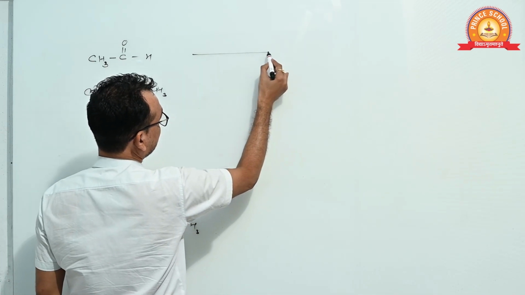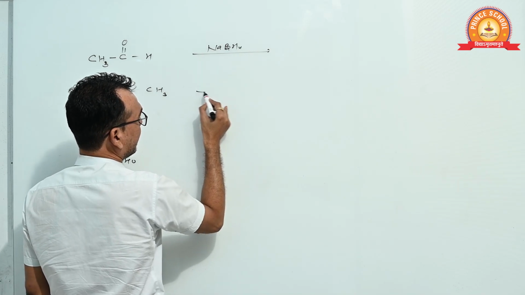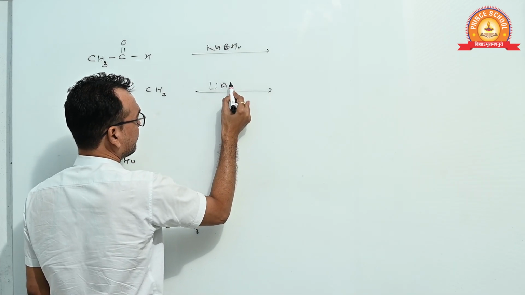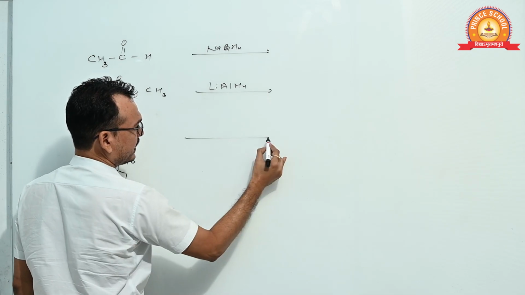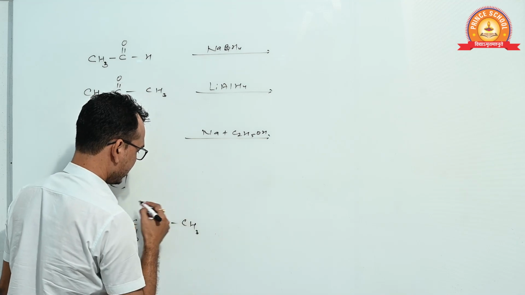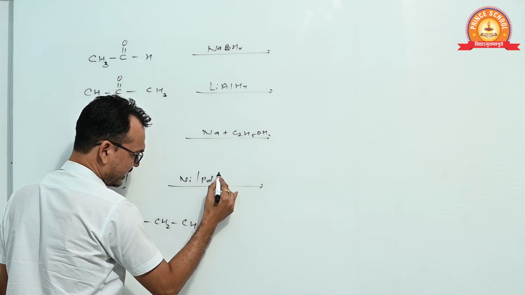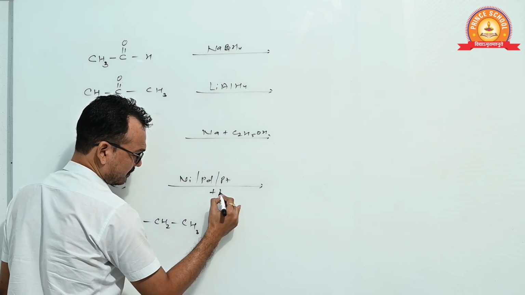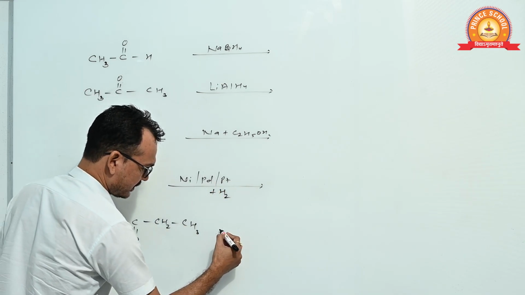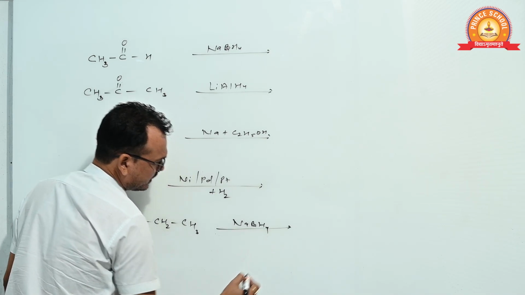Suppose the examiner gives us sodium borohydride and lithium aluminum hydride, sodium plus ethanol, nickel, maybe palladium, maybe Pt plus H2, and again sodium borohydride.